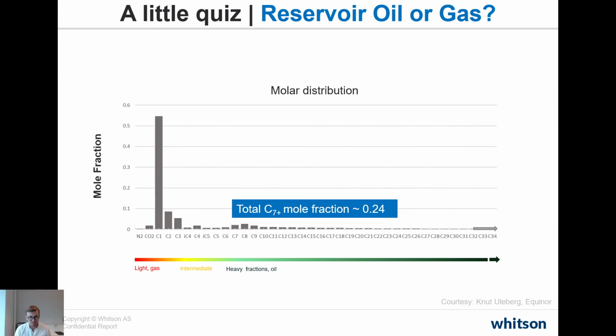Some people say that C7 plus is the soul of PVT. If you really want to understand PVT, you need to understand how much goes into C7 plus and what the distribution of those components is, because that's very sensitive to, for instance, the saturation pressures of near critical fluids, dew points, and these sorts of things.